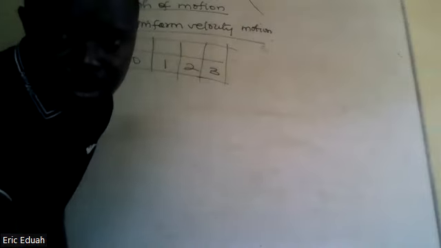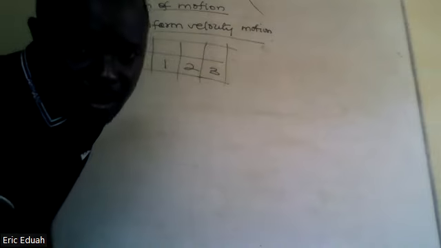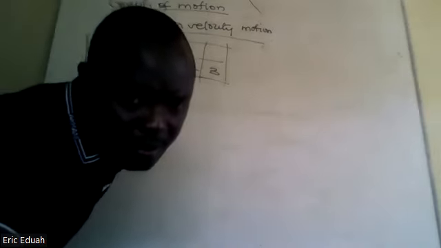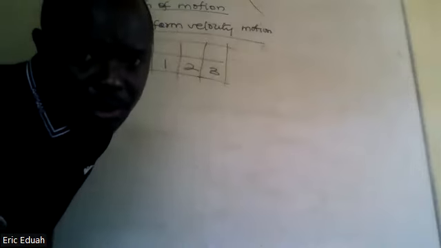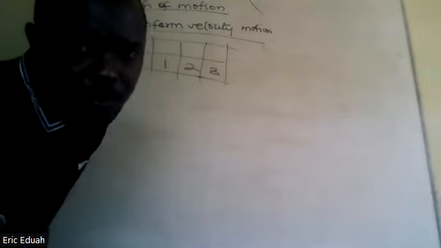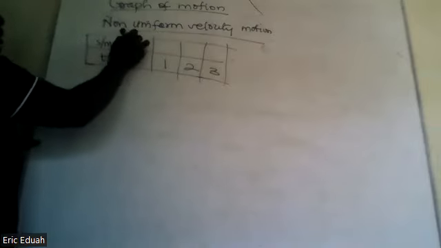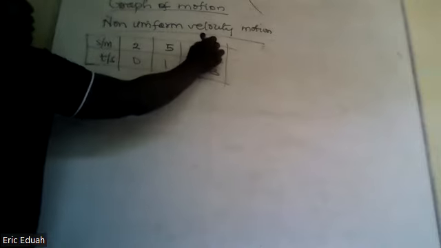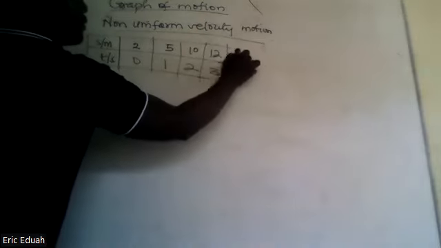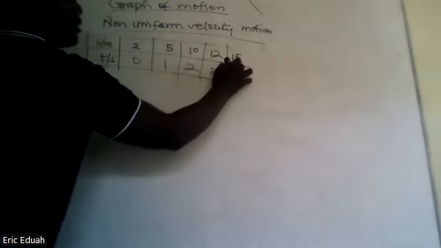Okay, let's use only 3. After distance and displacement, we have 2, 5, 10, 12, 15.